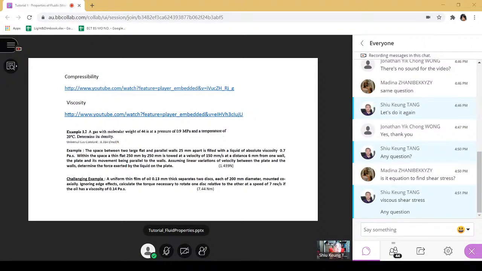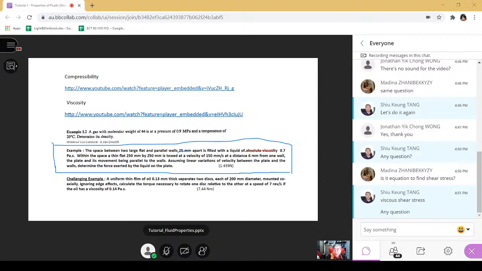Okay, second example. Now let's look at what the question is asking you. Here we have two parallel walls, separated by 25 millimeter, and in between these two walls there is a liquid.